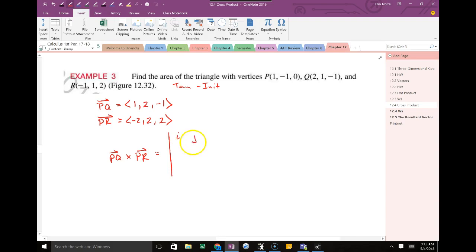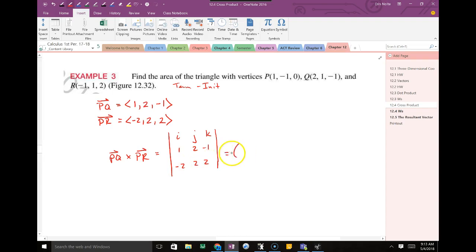I, J, K. Then what's after that? 1, 2, negative 1, good. And then what goes in the bottom? Negative 2, 2, 2. Okay, you ready? Yep. Okay, here we go.